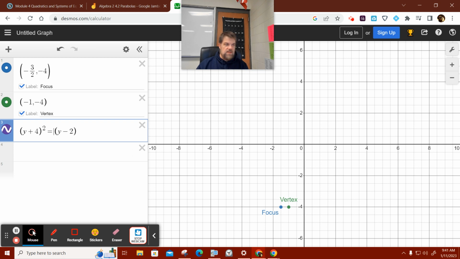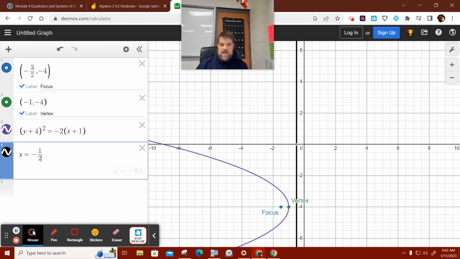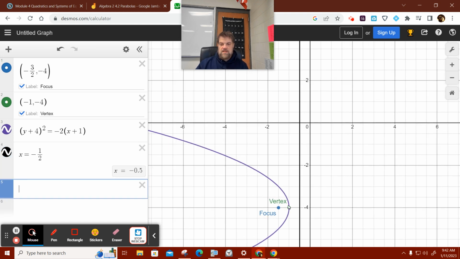Negative 2 here. Didn't we have that? And then we had x. Wasn't it plus 1? And then we got to do the directrix, which was x equals negative 1/2, correct? And I'm going to zoom in a little bit on this.